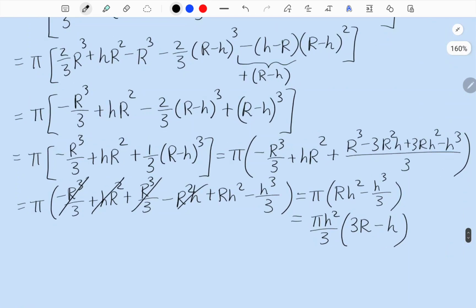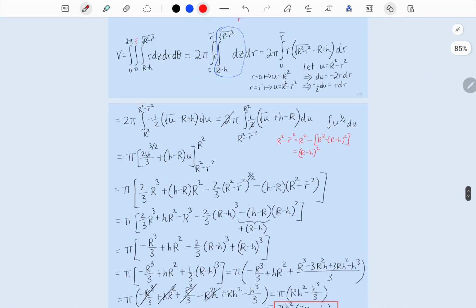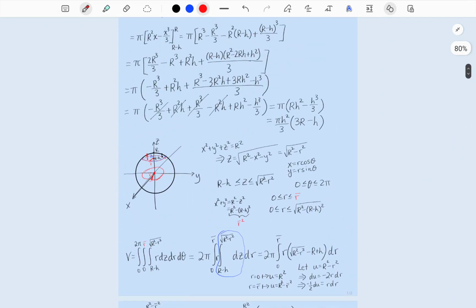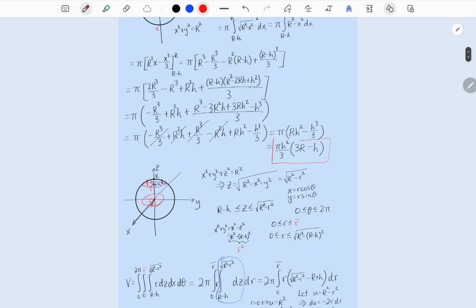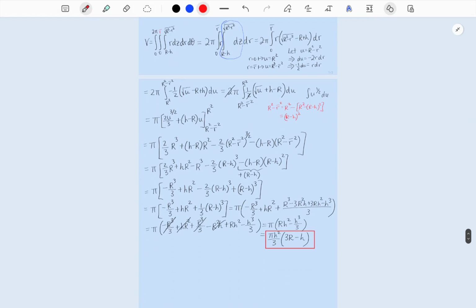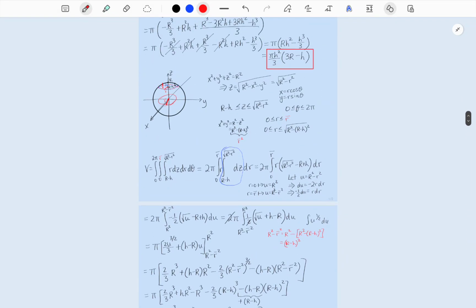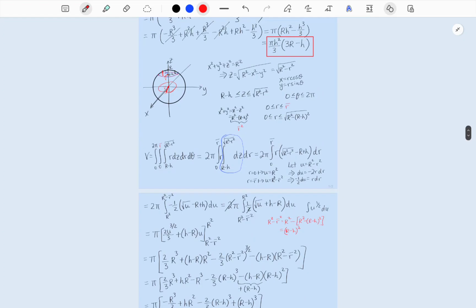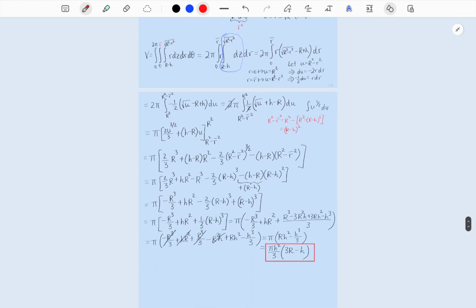Okay, so this formula right over here is the exact same as this formula over here. Okay, so in both cases, we get pi h squared over 3 times 3r minus h. Okay, so that is it.